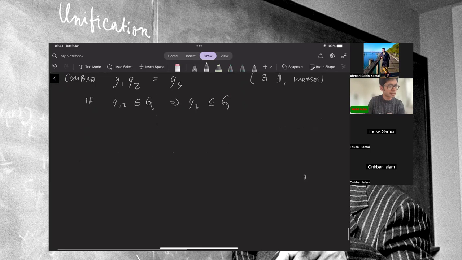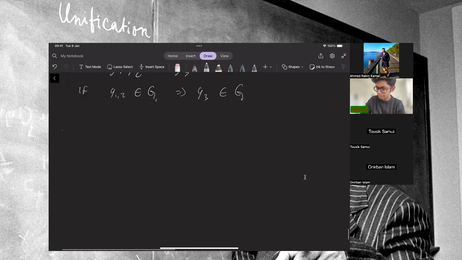Let me give you some examples. There is the group U1. What is the group U1? The group U1 consists of numbers e to the i alpha, where alpha is a real number, which means that e to the i alpha is a pure phase.